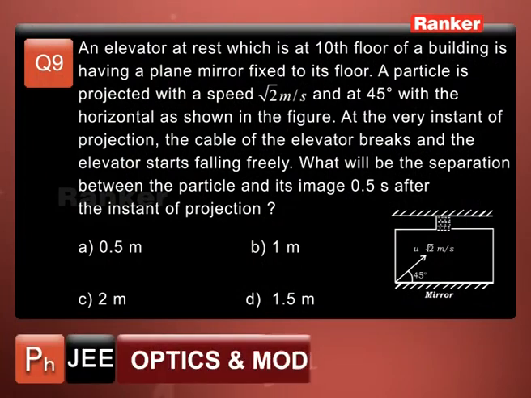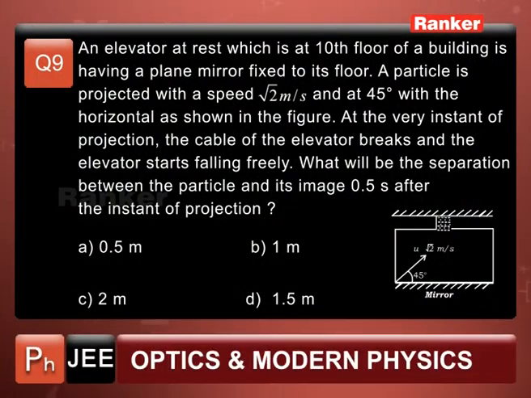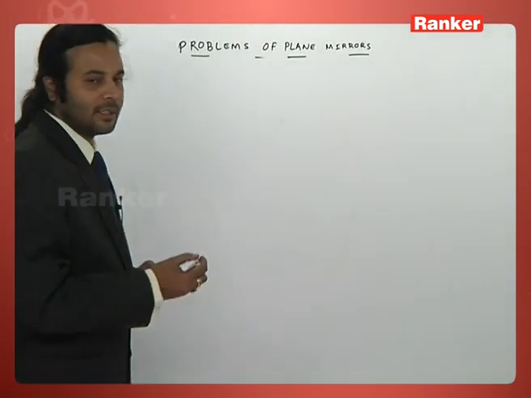A particle is projected with a speed √2 meter per second at 45 degrees with the horizontal, as shown in the figure.